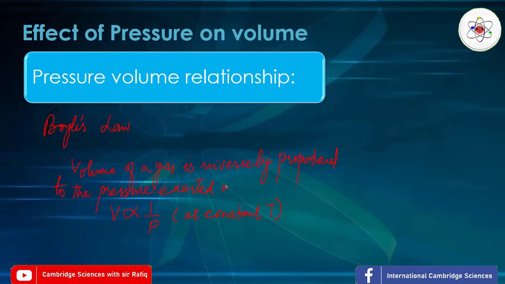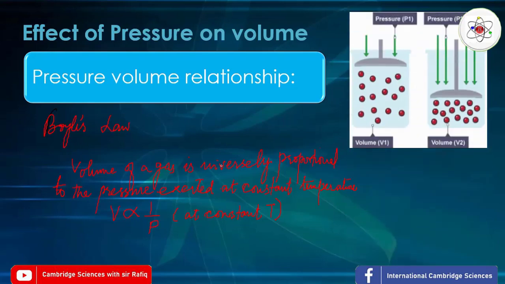So we can also write over here, volume of a gas is inversely proportional to the pressure exerted at constant temperature, right? So if the temperature is kept constant, volume is inversely proportional to pressure. As you increase the pressure, volume will decrease.